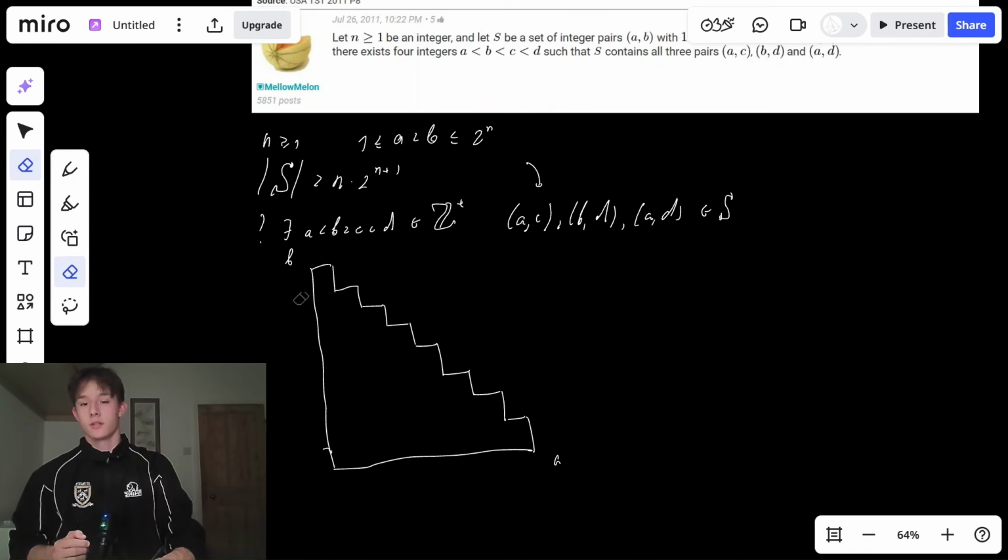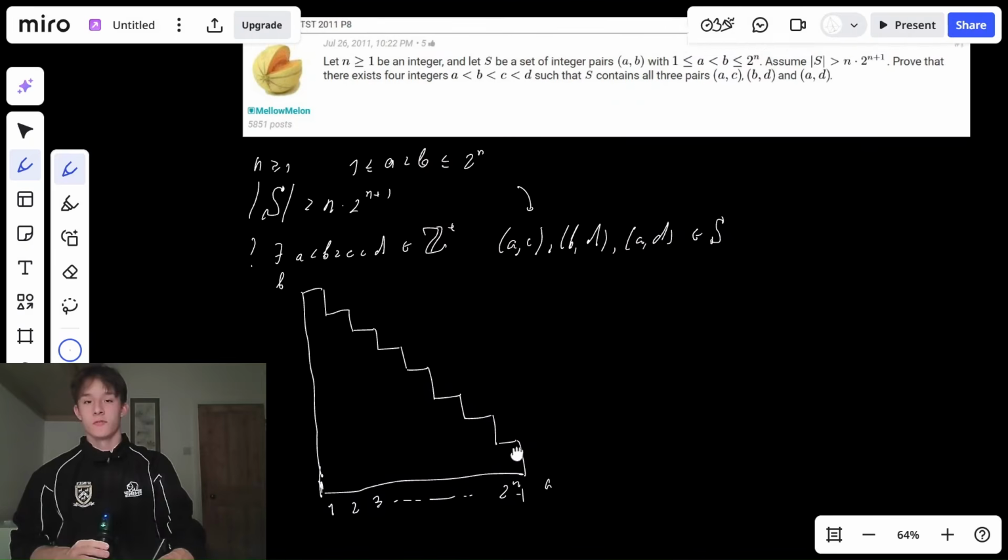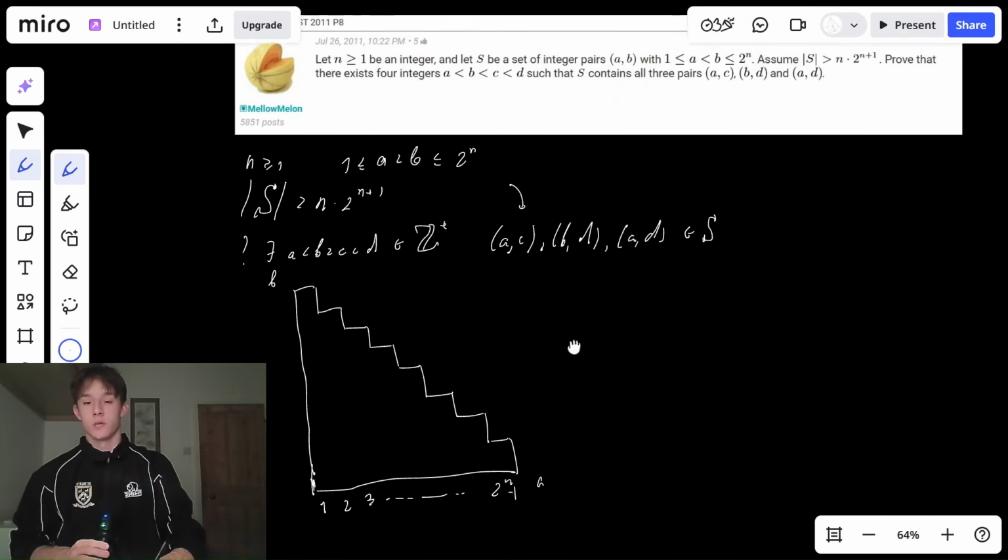So what are you talking about? Well, the staircase interpretation is a bit of a modification, and it is true. Essentially we start our coordinate plane with a being equal to 1 here, nothing new, going up to 2 to the power n minus 1 over here, because if a is 2 to the power n, there's no such b.